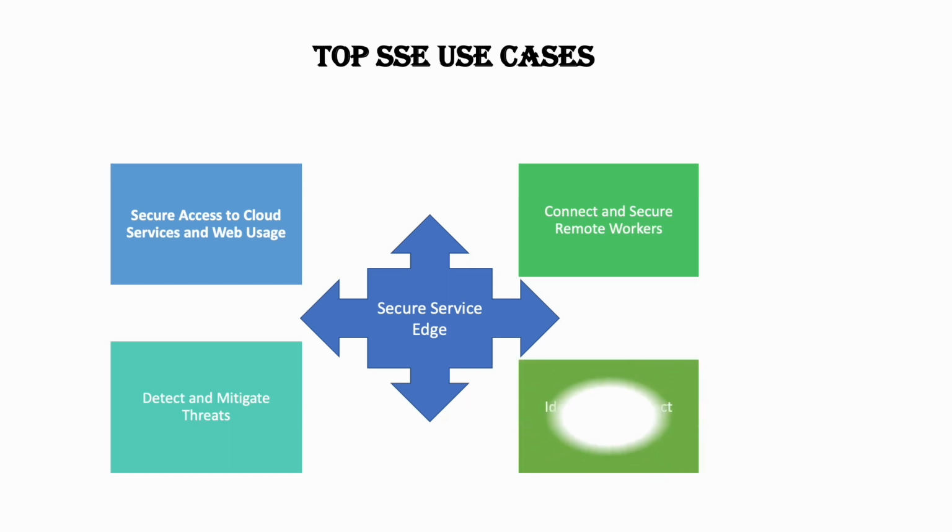And the last use case is to identify and protect sensitive data. SSE enables you to find and control sensitive data no matter where it resides. By unifying data protection technologies, an SSE platform provides better visibility and greater simplicity across all data channels.